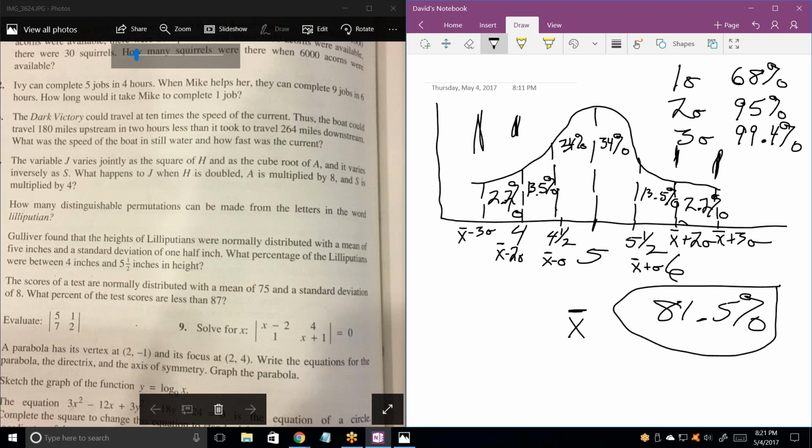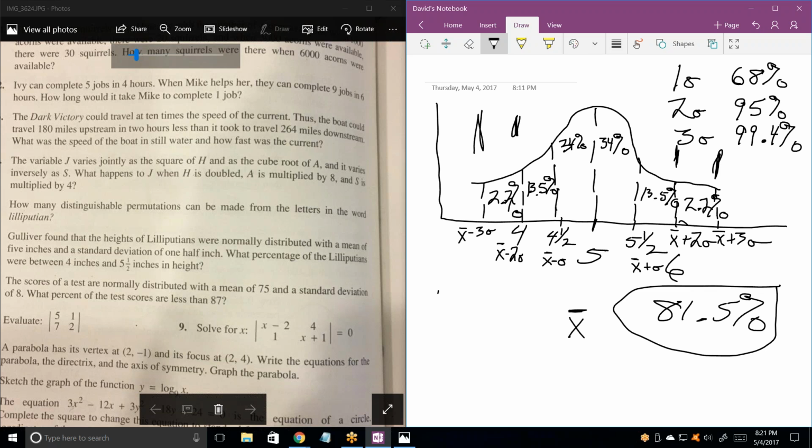Make sure your horizontal chart is labeled in numbers, but that you know what those numbers mean. In other words, the 4.5 is the mean minus 1 standard deviation. 4 is the mean minus 2 standard deviations, because they told you a standard deviation was 1/2.